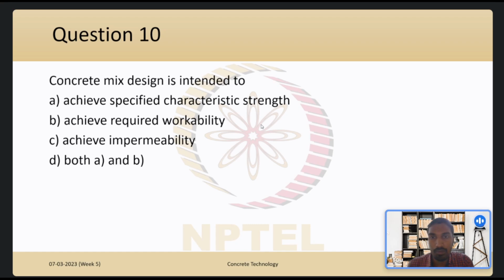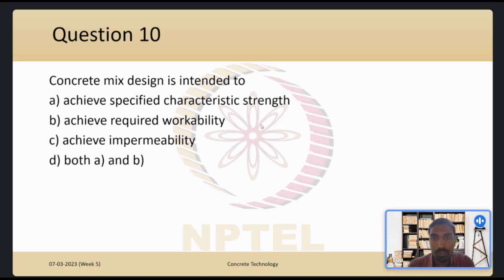When we looked at the overview, we said that in the mix design or the mix proportioning, we give the specification in terms of the properties related to both the fresh and the hardened state of the concrete.